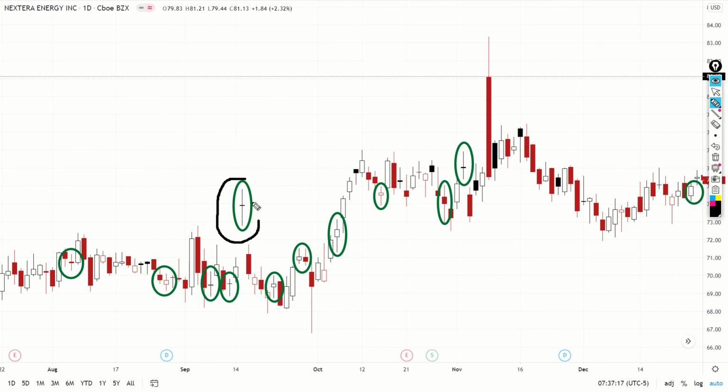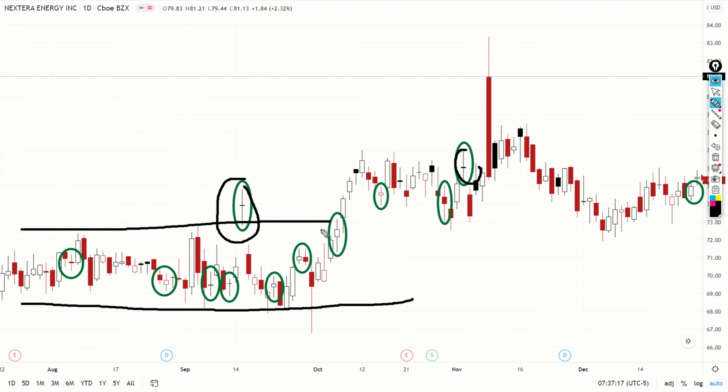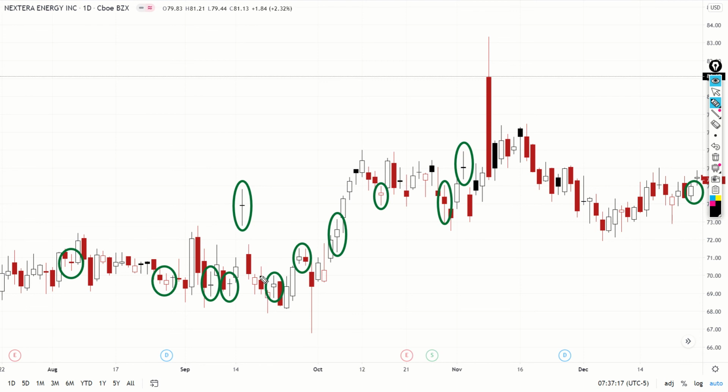Now we have longer candles shown here, also mixed with smaller candles, where the price is moving in a range, bouncing up and down. Of course, I couldn't circle all of them, but you can see most of them are formed within clusters. So they are very common in charts, this kind of small candle.